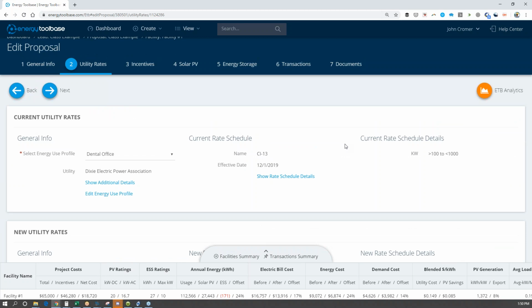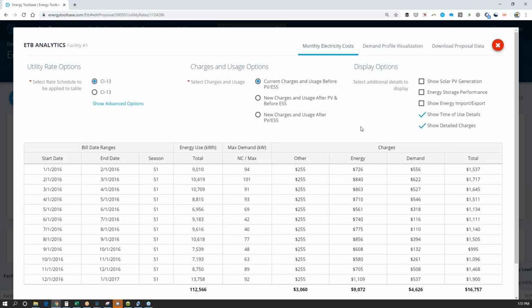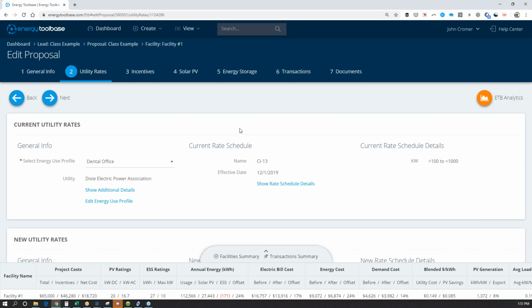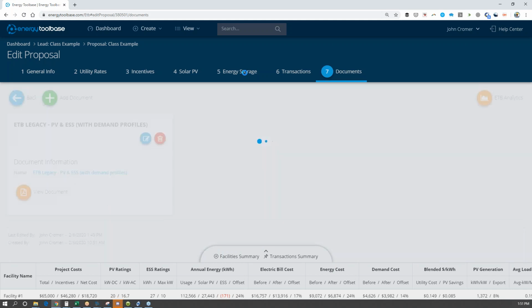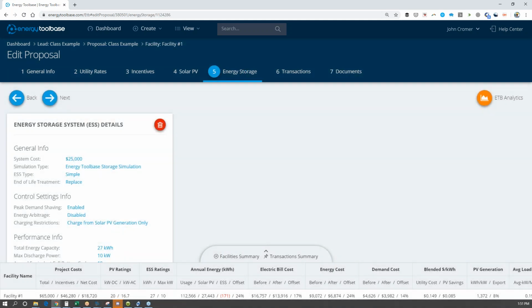At the same time, the energy charge is on the high side, and so the solar array has a larger role to play. And so now we have a more cost-effective array because we've scaled back the solar and we've scaled back the batteries, and we've got our payback down to about an 8-year project.